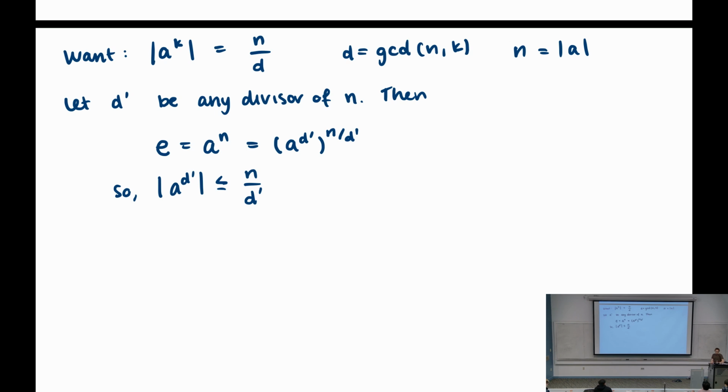Okay, but if the order of A to the D prime is smaller than N over D prime, then there is a smaller power, let me say it this way.